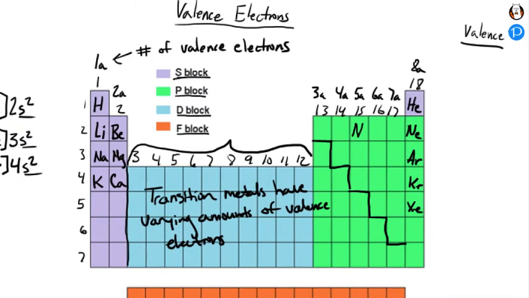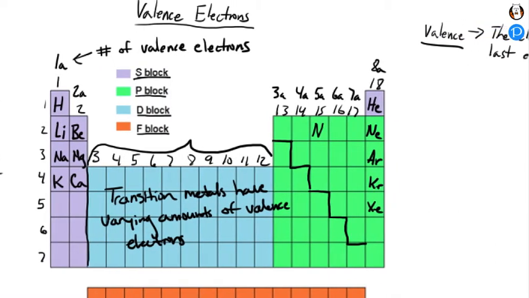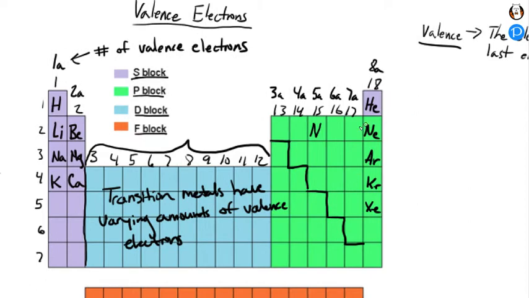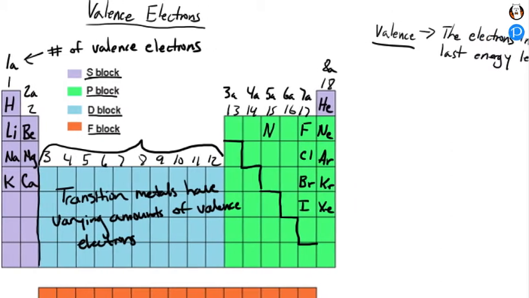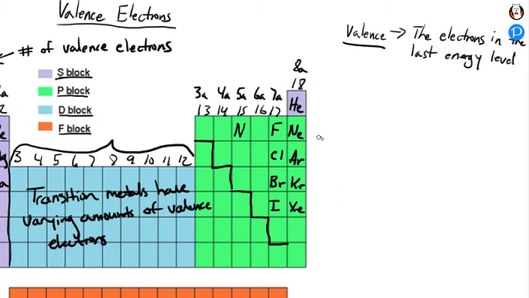Let's look at, for example, this group here. So here we've got fluorine, chlorine, bromine, and iodine. Let's say we were to do the electron configuration for fluorine.